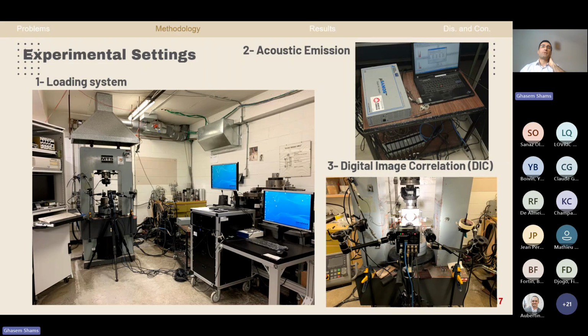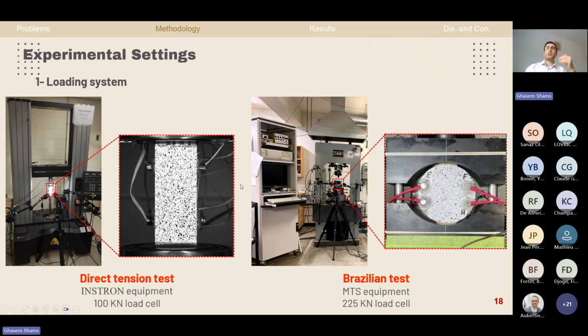And here you have our loading system, acoustic emission system, and digital image correlation system, including the camera, the light source, and data acquisition system. And here again, you have the direct tensile test specimen, Brazilian specimen with the acoustic emission sensors mounted on the surface of a specimen and the speckle pattern on both samples.